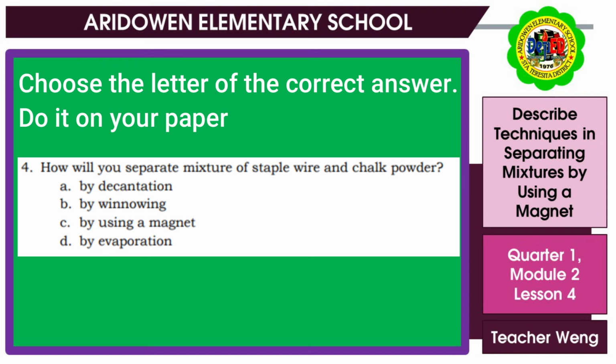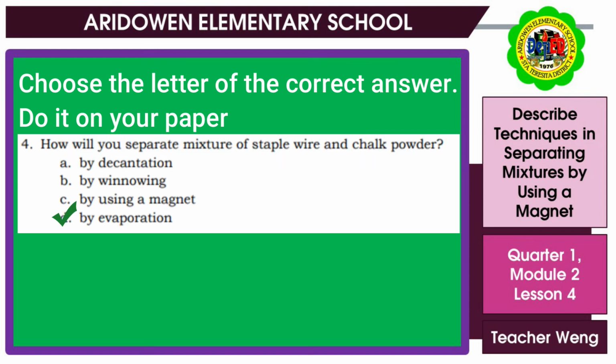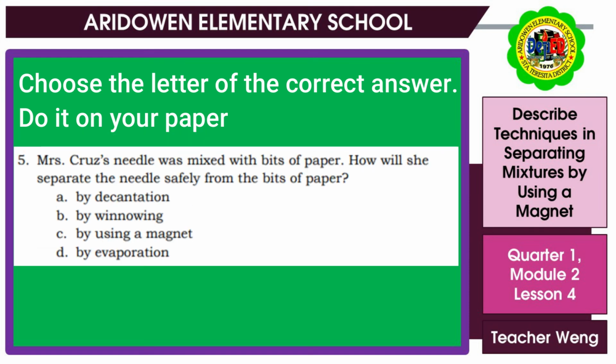The correct answer is letter C, by using a magnet. Number 5. Mrs. Cruz's needle was mixed with bits of paper. How will she separate the needle safely from the bits of paper? The correct answer is letter C, by using a magnet.